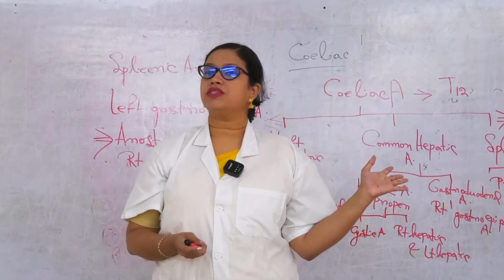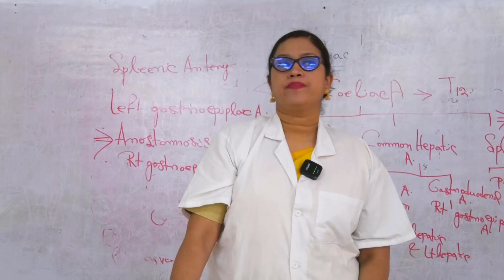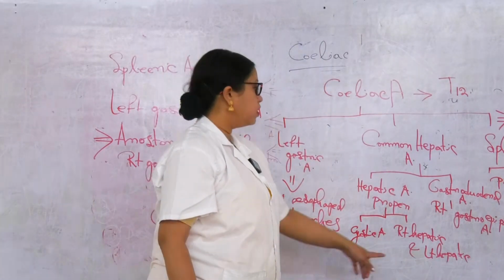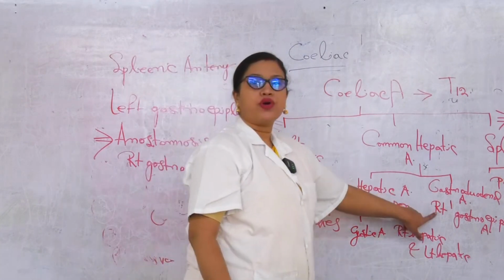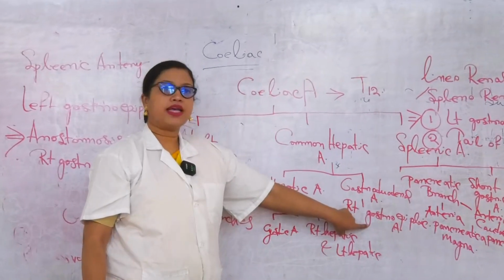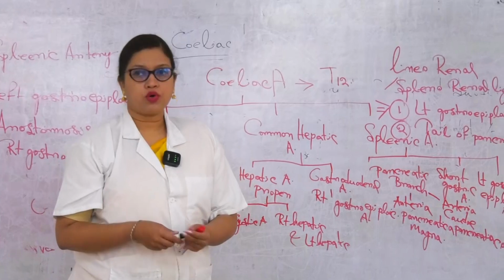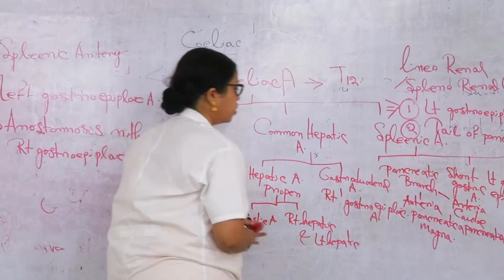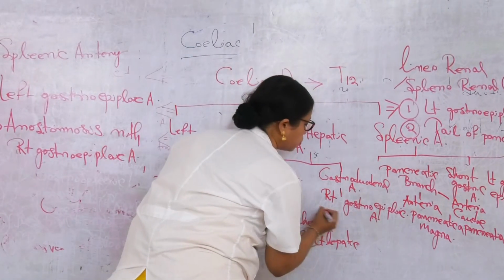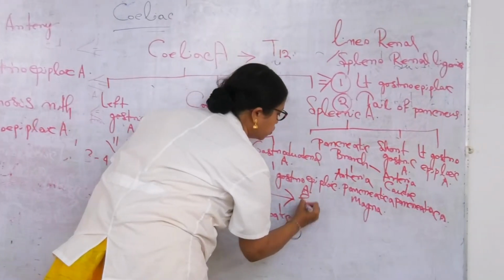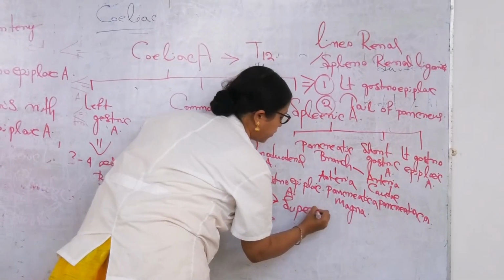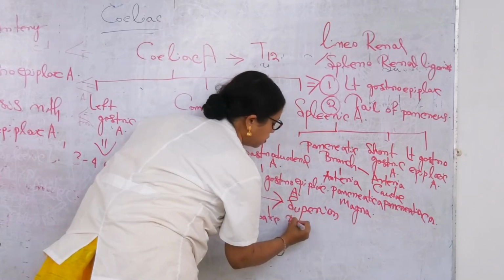Okay, another artery is coming from, which is the branch? Do you know where the branch is coming from? I told you, the gastroduodenal artery. One is the right gastroepiploic artery. Another one is the superior pancreaticoduodenal artery. I missed this one. Okay. So this one, another one is the gastroduodenal artery. Another branch is the superior pancreaticoduodenal artery.